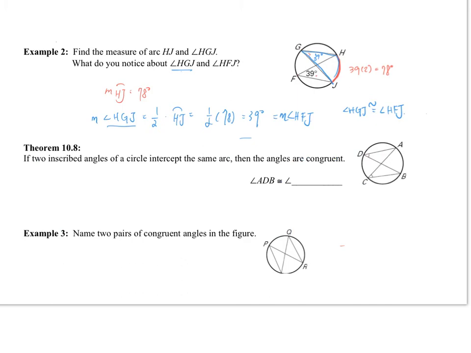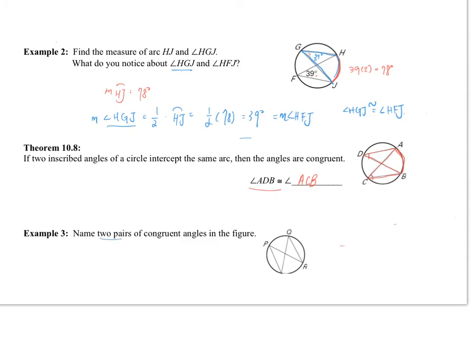Example 2 sets the stage for Theorem 10.8, meaning if two inscribed angles of a circle intercept the same arc, so we have angle ADB and angle ACB intercepting the same arc AB, then the angles are congruent. So angle ADB is congruent to angle ACB. And you can quickly prove this by using substitution and Theorem 10.7. And please refer to my website, and I will also go over the proof in class.